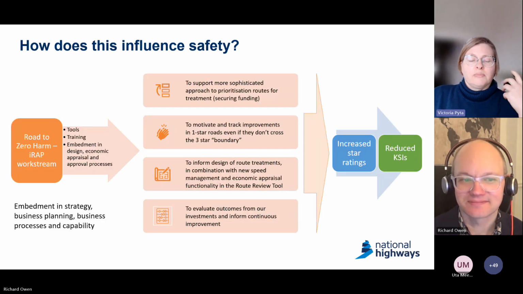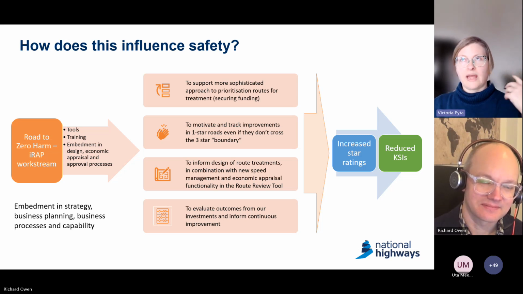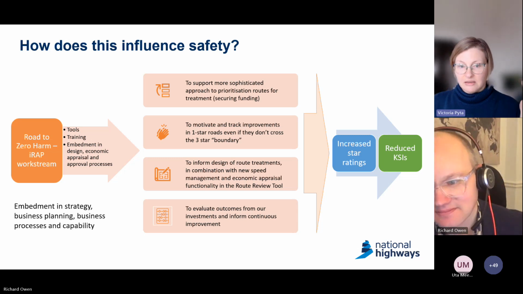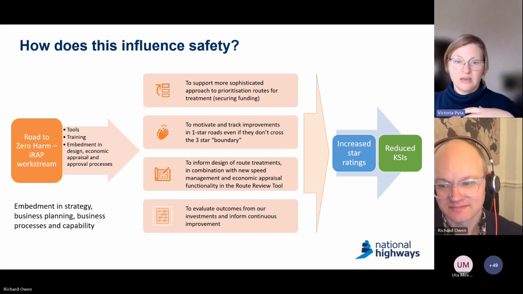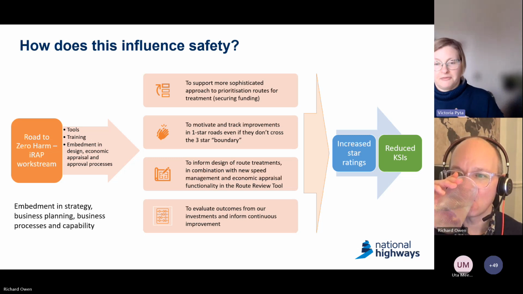But the really important part of all of this is, well, how does having that indicator improve safety? And as an organisation, we've had to work really hard to embed this indicator really well.